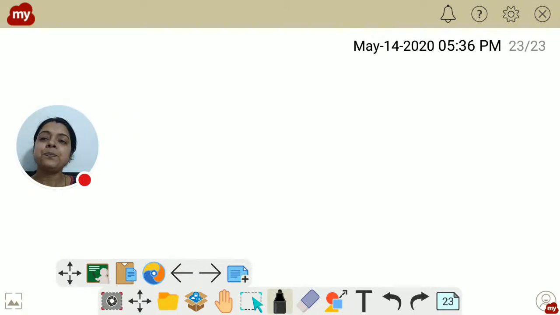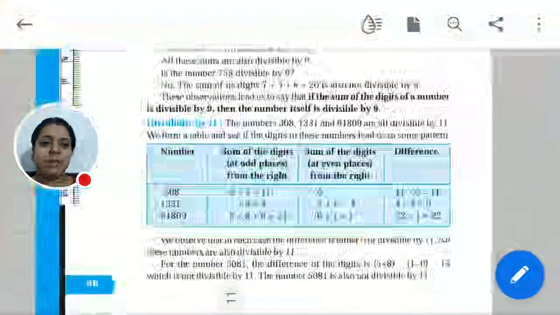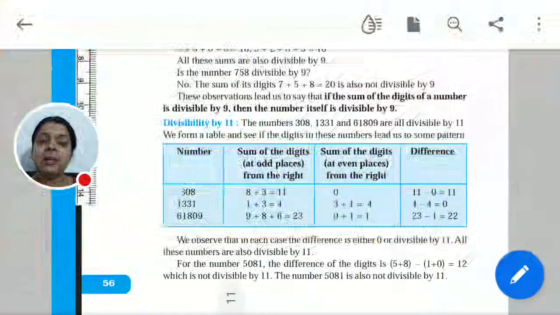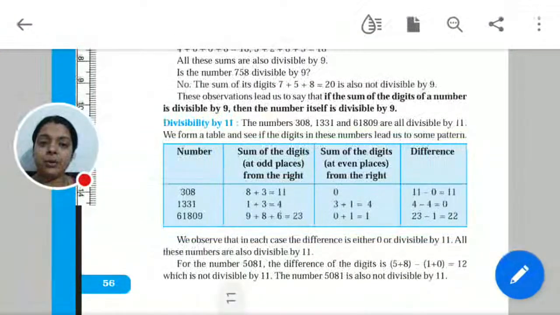Okay, now we are coming to the last one, which talks about the divisibility rule by 11. How come? Okay, so for this I just want to take you people to the table. Just go through this table, it will help you out. What happens? You know, the even number and the odd number.